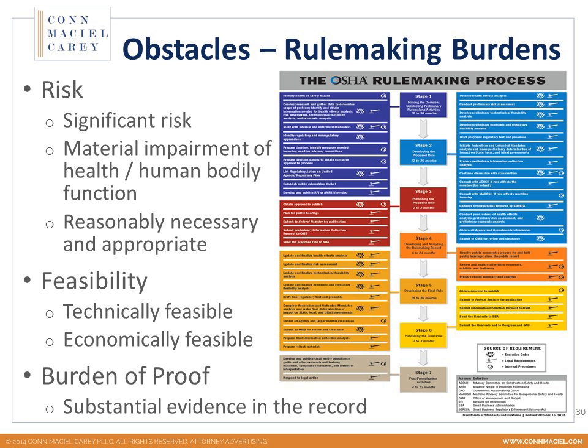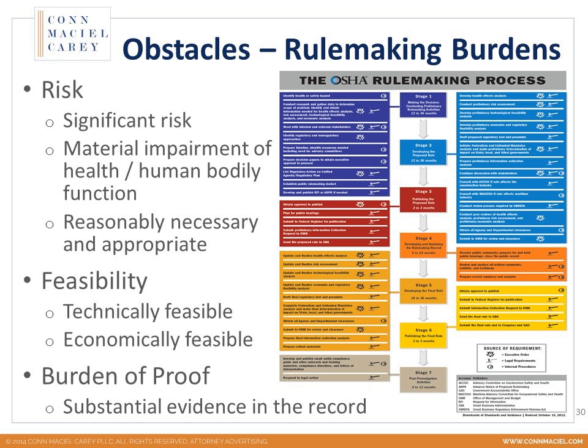On the feasibility side, Section 6B of the statute does not allow the agency to develop a rule that is not feasible to comply with. Feasibility includes both technical feasibility as well as economic feasibility. There's been all kinds of case law to define what is technical and what is economic feasibility.